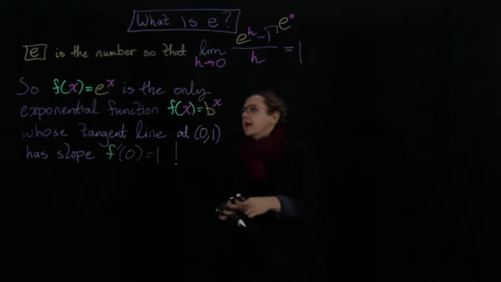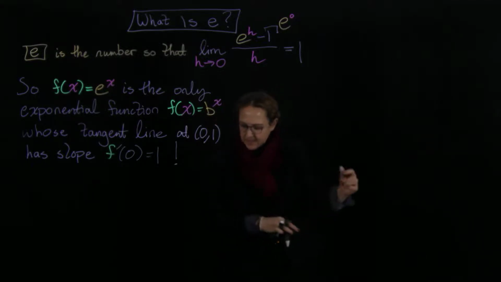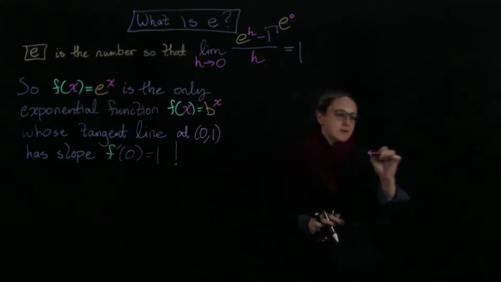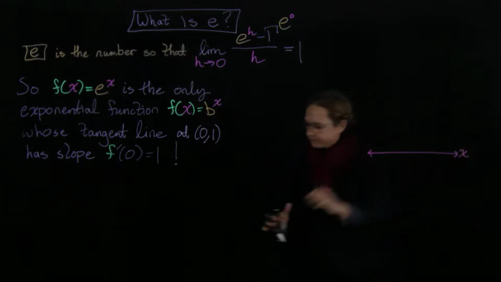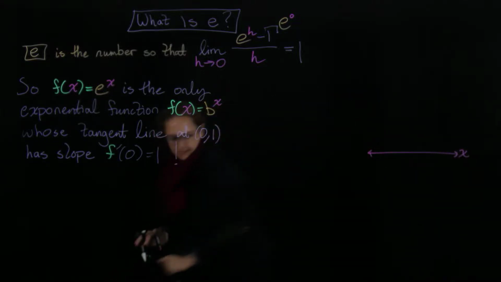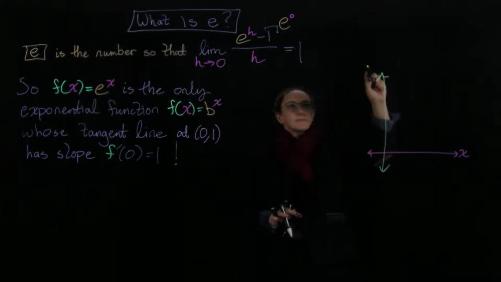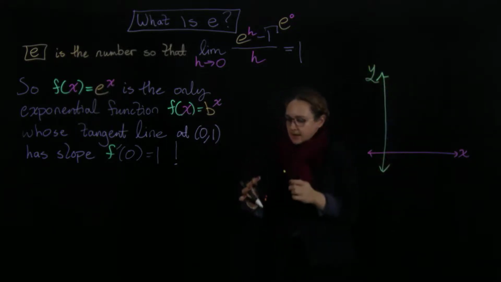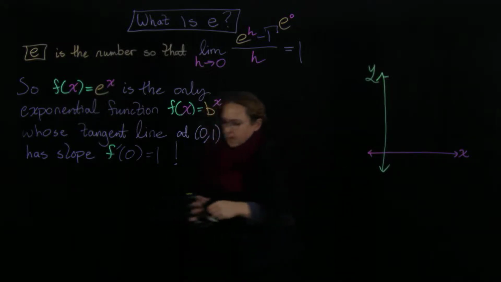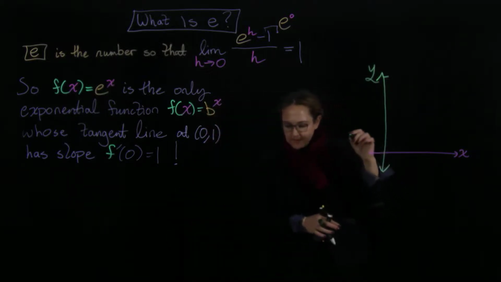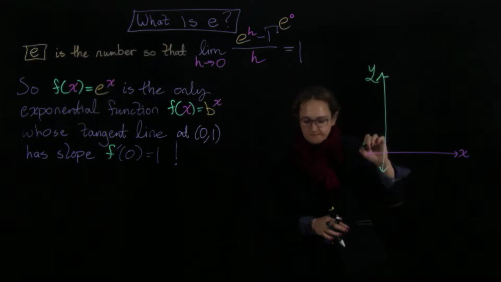Okay, so let's kind of draw this over here. I kind of messed up my standard color scheme here. So this is now my x. This is my y. I'm going to go y equals e to the x.